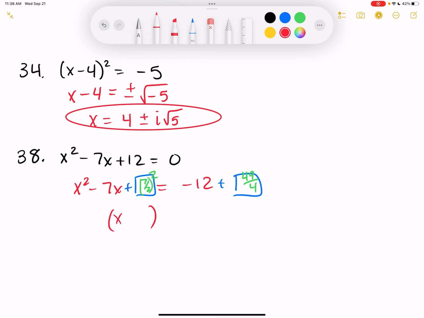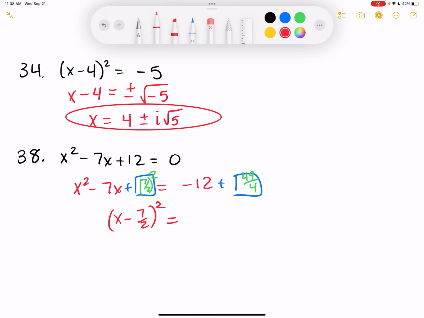Is it x minus 7 squared? Plus 7 squared? Plus 7 over 2 squared? Something like that? x minus 7 over 2, then the whole thing squared. That's what a perfect square trinomial is equal to. What is this equal to on the right?